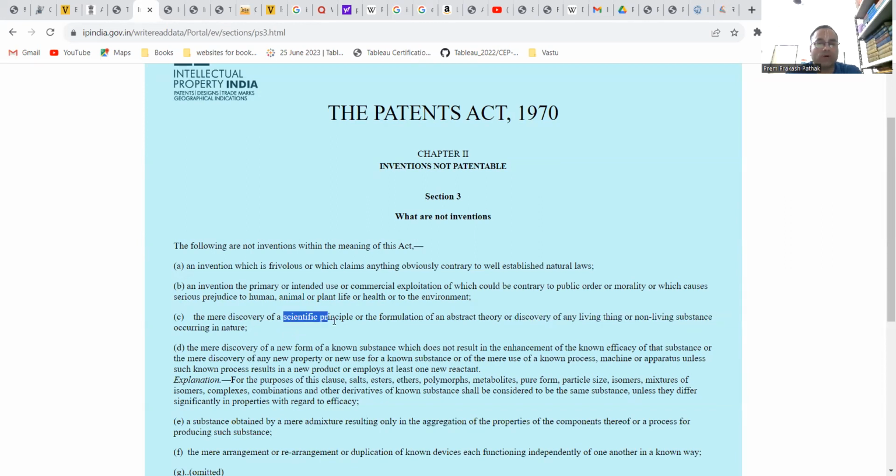For example, if no one knew about E is equal to mc square, and I discover for the first time that energy can be converted into mass, or if I discover how to calculate the acceleration due to gravity, it is just a discovery of scientific principles, and if I want to patent it, it's not possible.